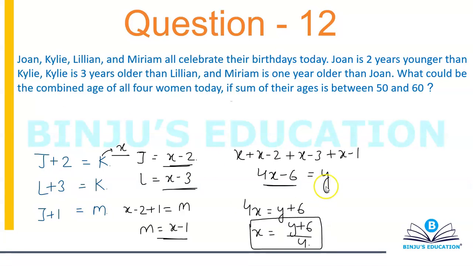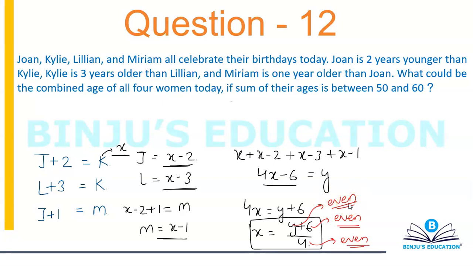Now you can't start putting in values 51, 52, so you have to shortlist some numbers. Using my logic, I know that 6 is even, and I'm dividing by 4, which is also even, which means y has to be even, because if y is odd, then odd plus even will give me odd.